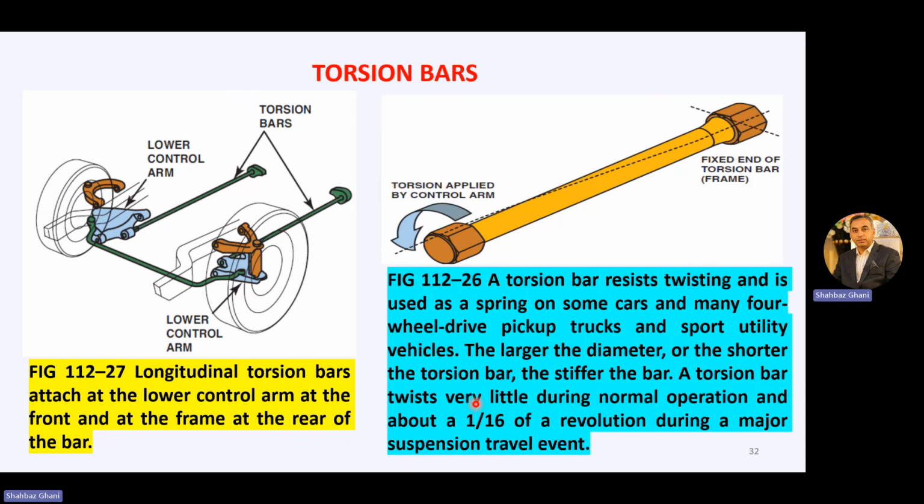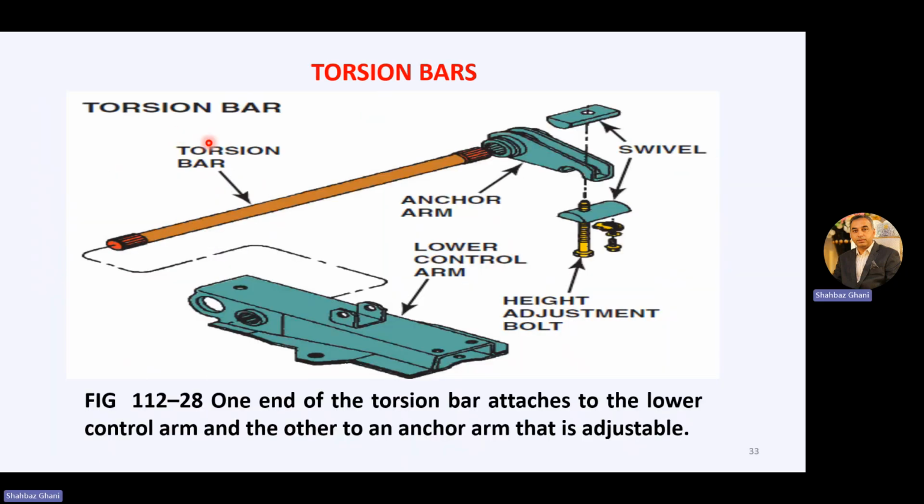A torsion bar twists very little during normal operation and about 1/16th of a revolution during major suspension travel events. So this is also one kind of spring arrangement we have in our suspension system. One end of the torsion bar attaches to the lower control arm and the other to an anchor arm that is adjustable. So these are the further subparts.